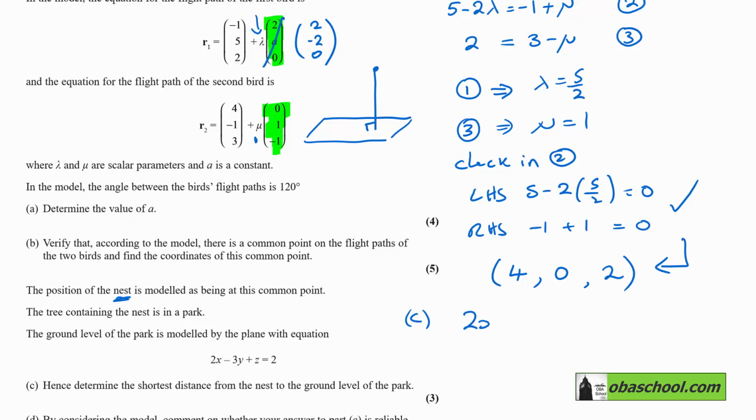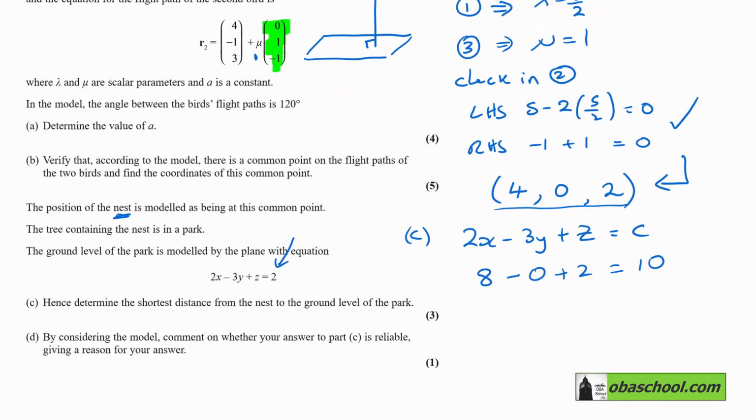So if it's a parallel plane, it will have the same left-hand side, but that is going to be equal to a different constant than 2. So we can then use the point to work out the constant. So it's going to be 8 take away 0 plus 2 is equal to 10.